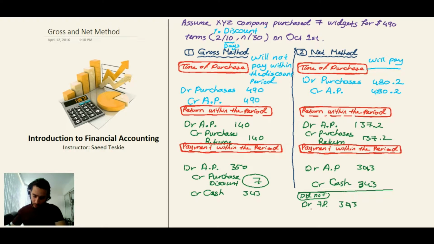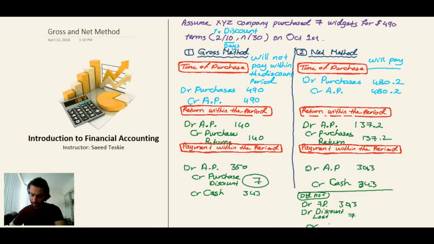We will debit discount lost, which is an expense account, with 7.